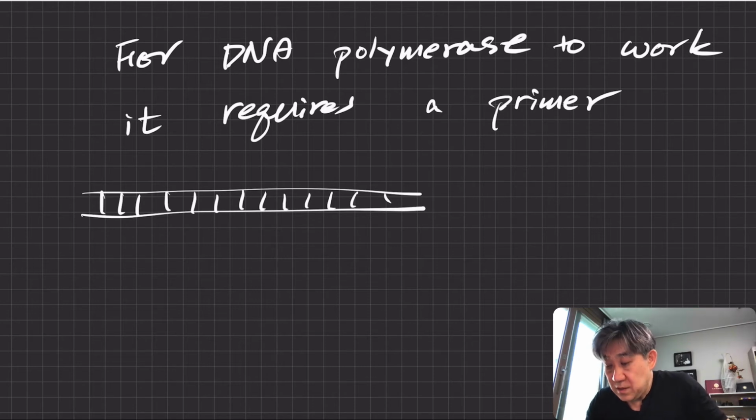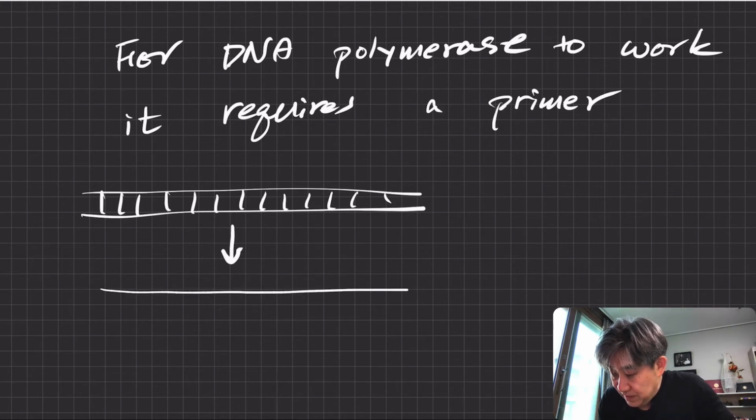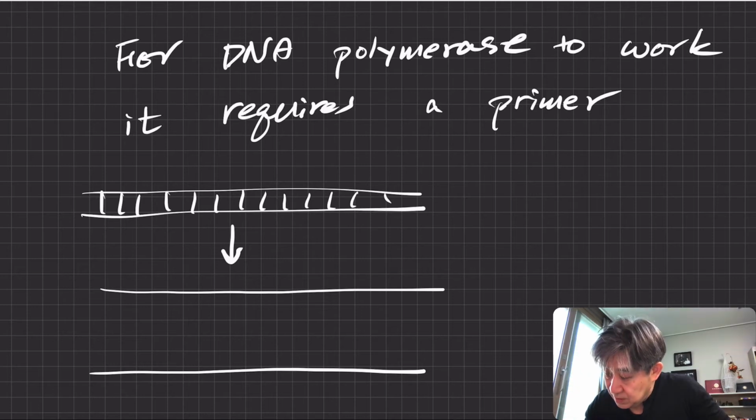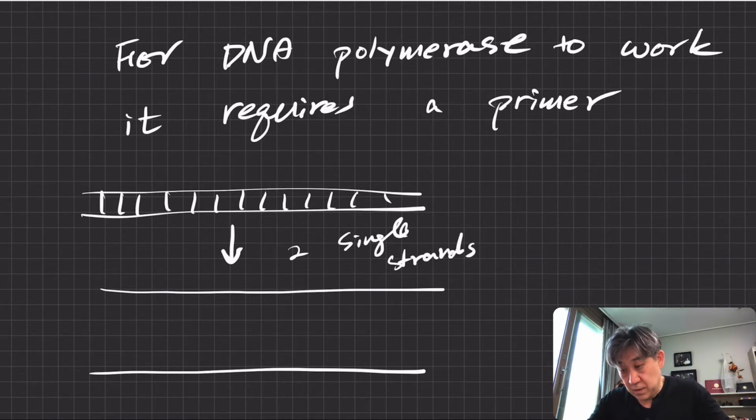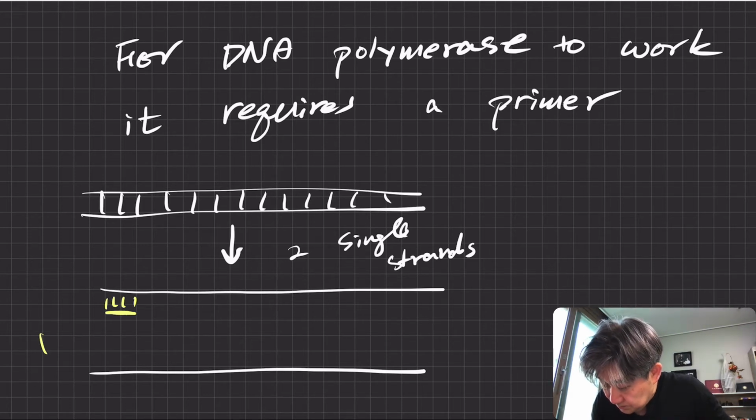It's not really easy to say, but when DNA polymerase works, in order for it to start, you first have to separate this into two single-strand DNA to open up, and then there is some specific element called a primer.